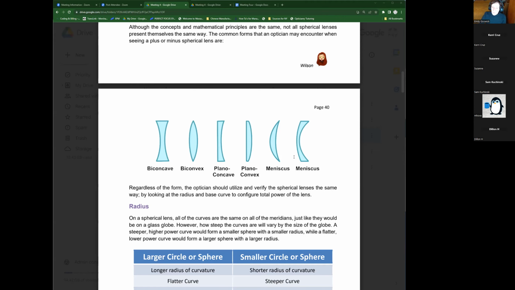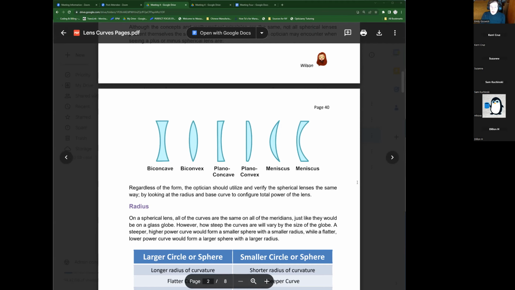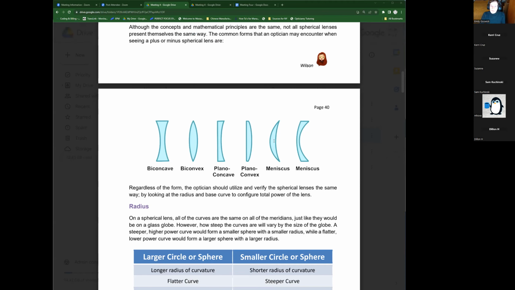And then the thing that we see all the time is meniscus lenses, right? Those depend on the prescription. This one is going to be much more like a plus lens, and this one is something you would typically see for a minus prescription lens.